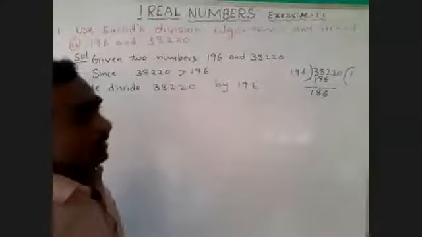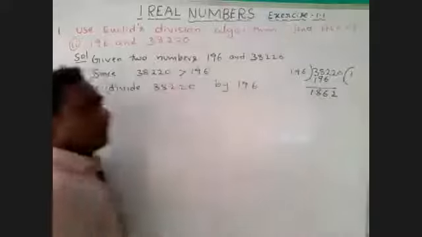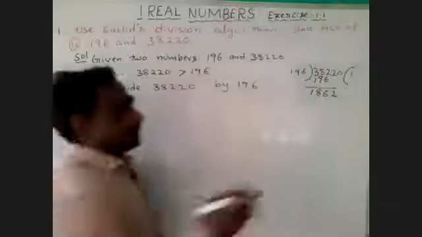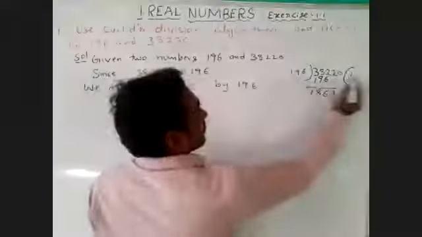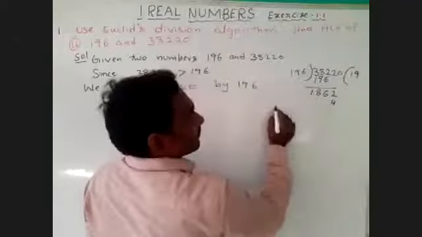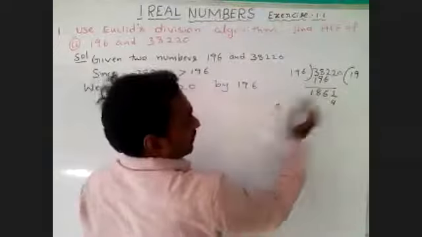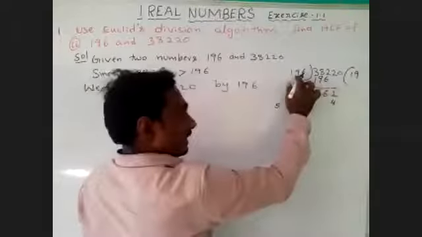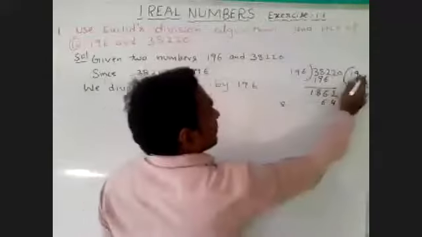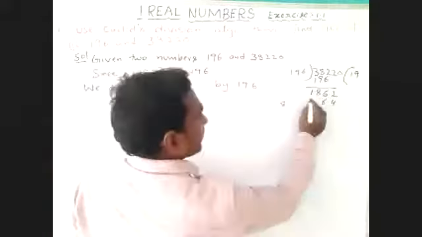Next, one digit down. Now how many times? 9 times. 9 times 6 is 54. 9 times 9 is 81, 81 plus 5 is 86. 9 times 1 is 9, 9 plus 8 is 17.